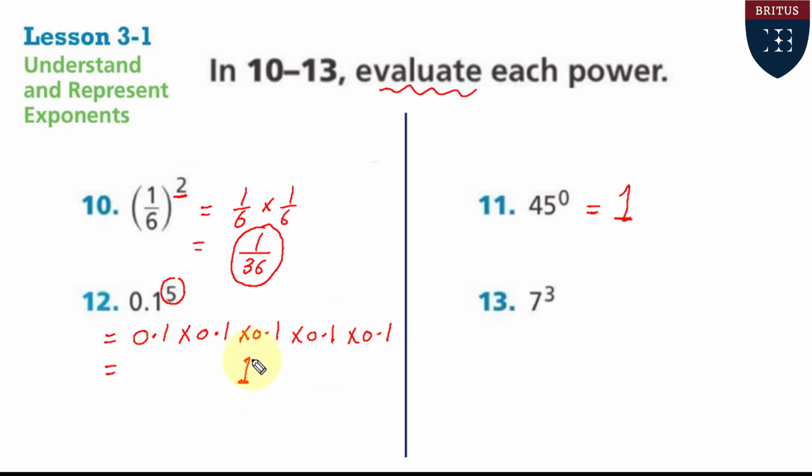So we have 1, and you have to insert 4 zeros: 1, 2, 3, 4. So the answer is 0.00001.